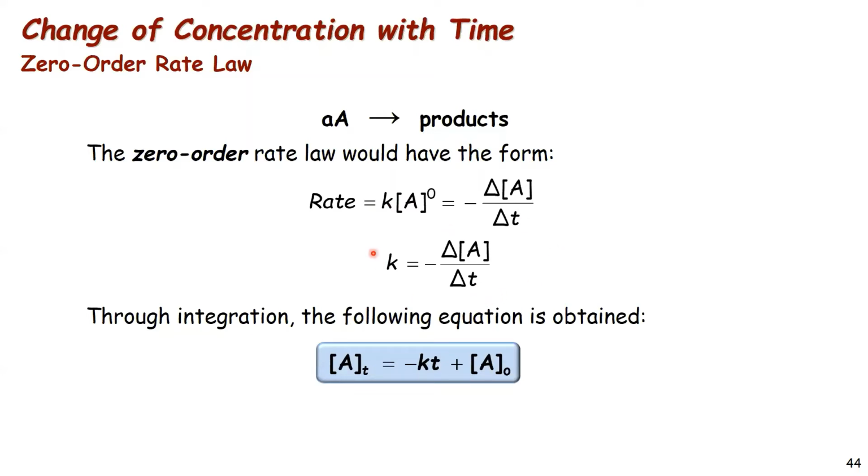Bring this side over and then take the integral from time 0 to time t, and over here, the integral of dA from A naught to A of t. And when you do that, you get the time concentration equation: the concentration of your reactant at some time t is equal to negative kt plus the initial concentration.